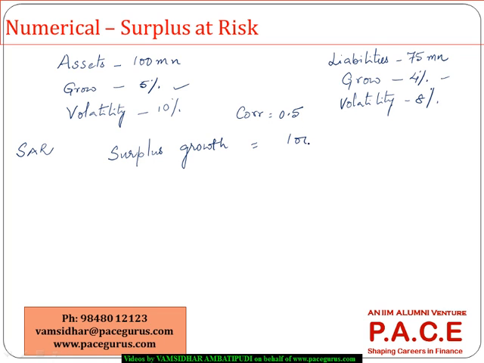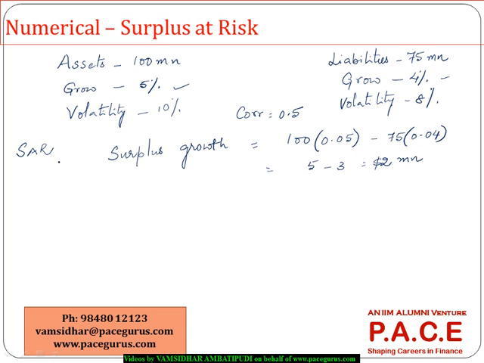Okay, 100 million is growing at 5%, minus 75 million is growing at 4%. So overall the surplus is growing at 5 minus 3, which is 2 million. 2 million is the growth in the surplus during this period, under the assumption of assets growing at a certain rate and the liabilities growing at a certain rate.